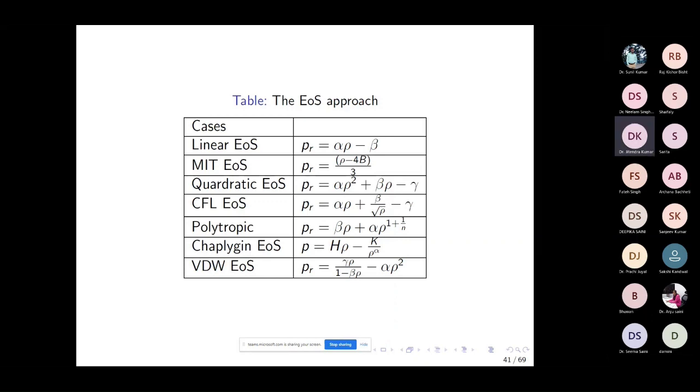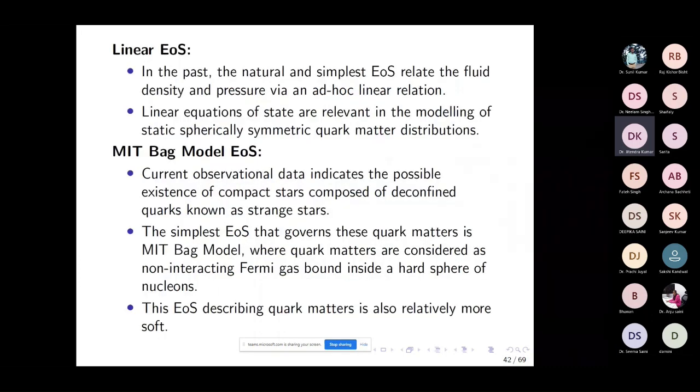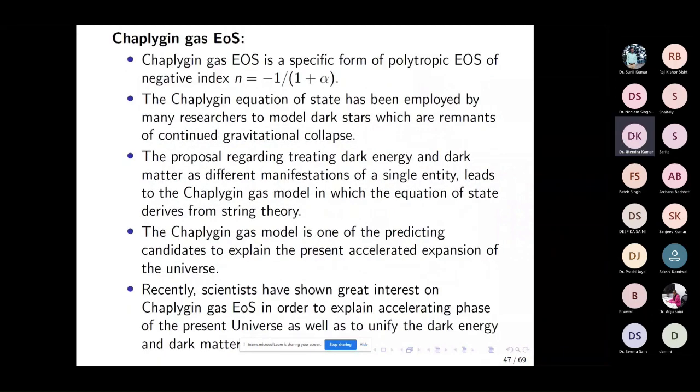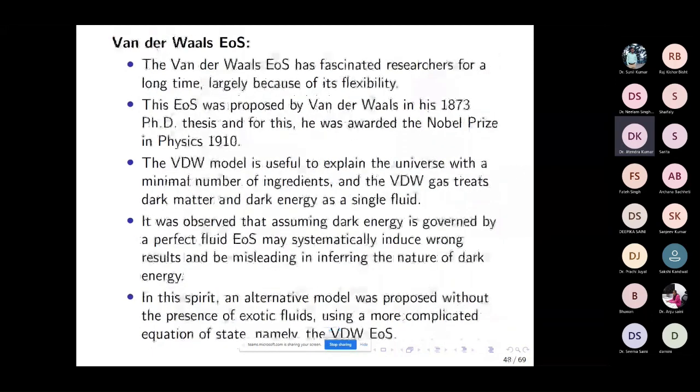And then after this we have the van der Waals equation of state. The van der Waals equation of state has fascinated researchers for a long time, largely because of its flexibility.